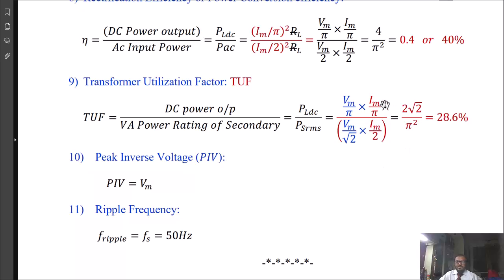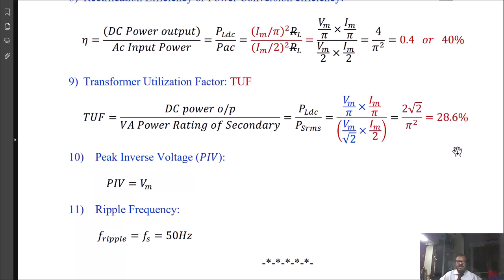Solving this further, Vm Im from the numerator and Vm Im from the denominator go out. And therefore it comes out to be 2 root 2 by pi square, that is 28.6%. What does it indicate?